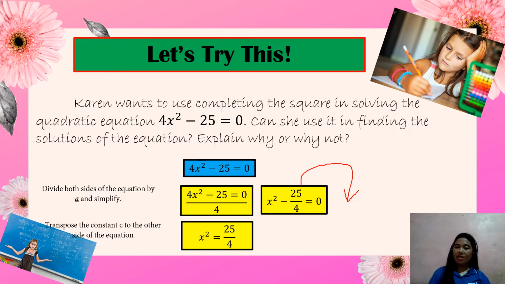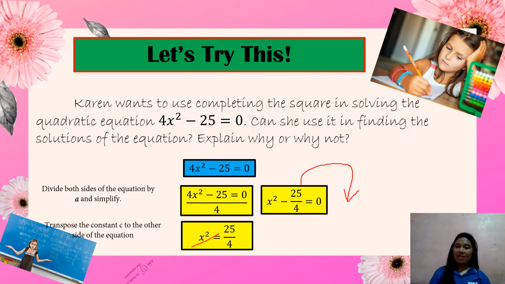Next step is to add b over 2 squared to make a perfect square trinomial. However, since we have here only x squared, and the value of b here is 0, therefore we are going to skip this step instead.